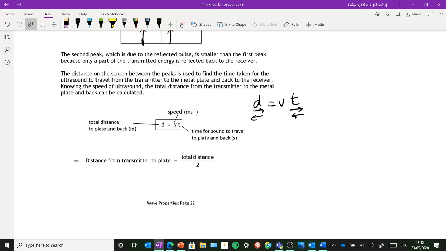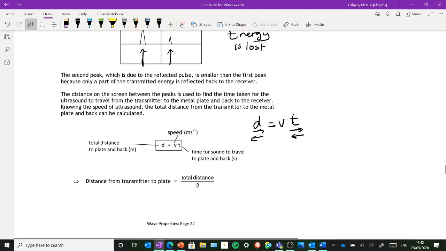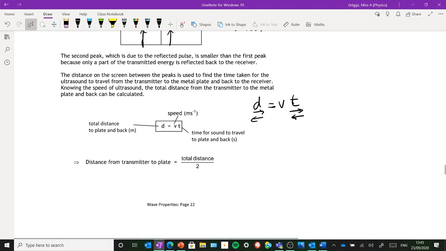Okay. So, for example, I've got a result here that I would have if we had the equipment. The distance would be the speed of sound, because the speed of ultrasound is just the speed of sound, times the time that it took. Now, I did an experiment last year and it took 3 times 10 to the minus 3 seconds.